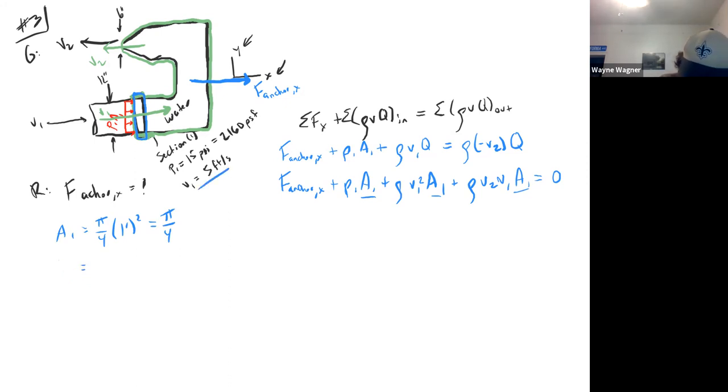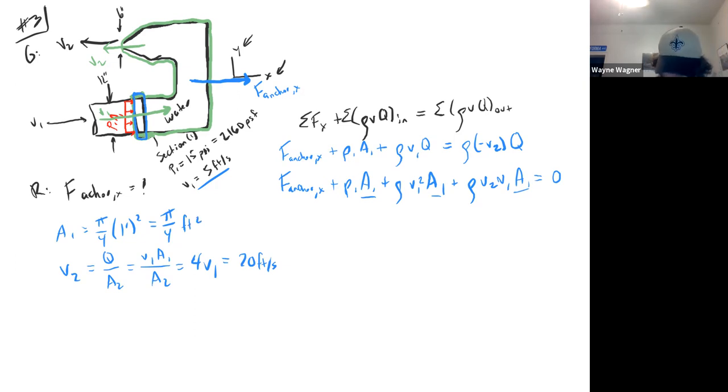All right, so V2 equals Q over A2, and Q in this case is V1A1 over A2. Okay, and we know the ratio of the area of 1 to the area of 2 is 4, right? So V2 equals 4 V1. Okay, so that equals 20 feet per second. I'm sorry, this is feet squared.